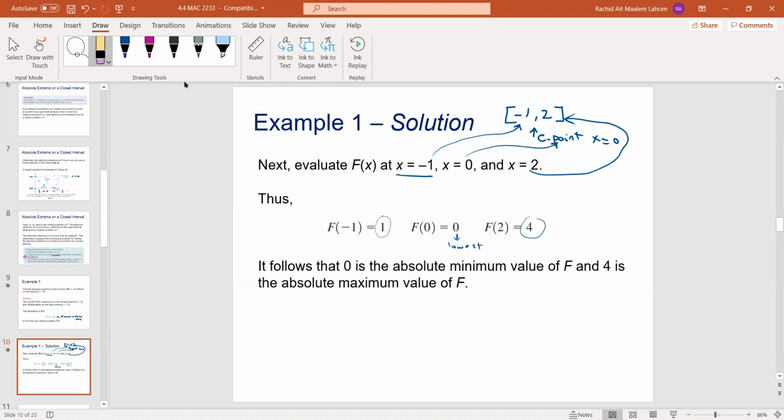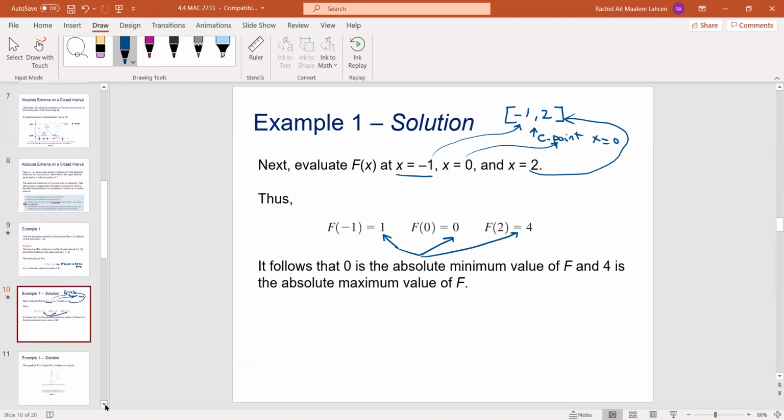So this is what you will do through the exercises when it comes to this type of question. You compare these values, and this is the statement.